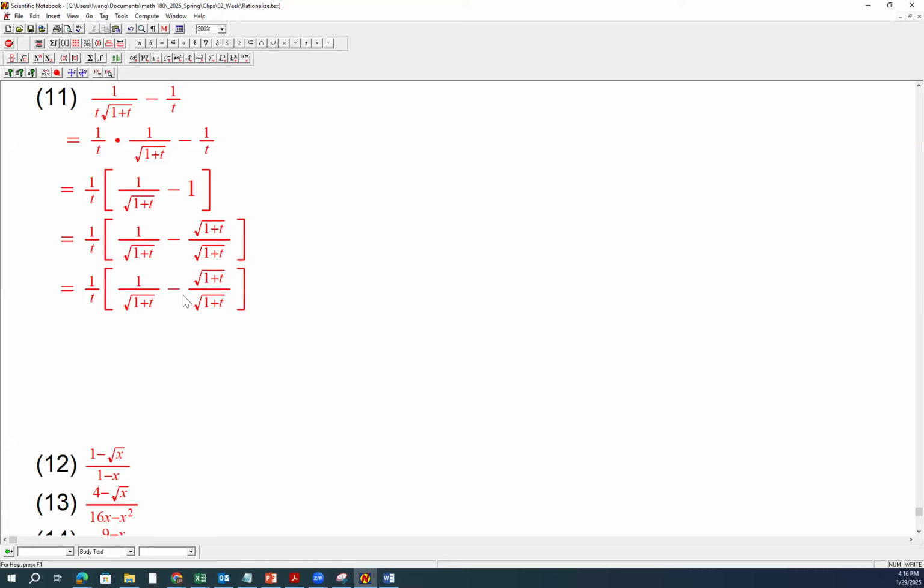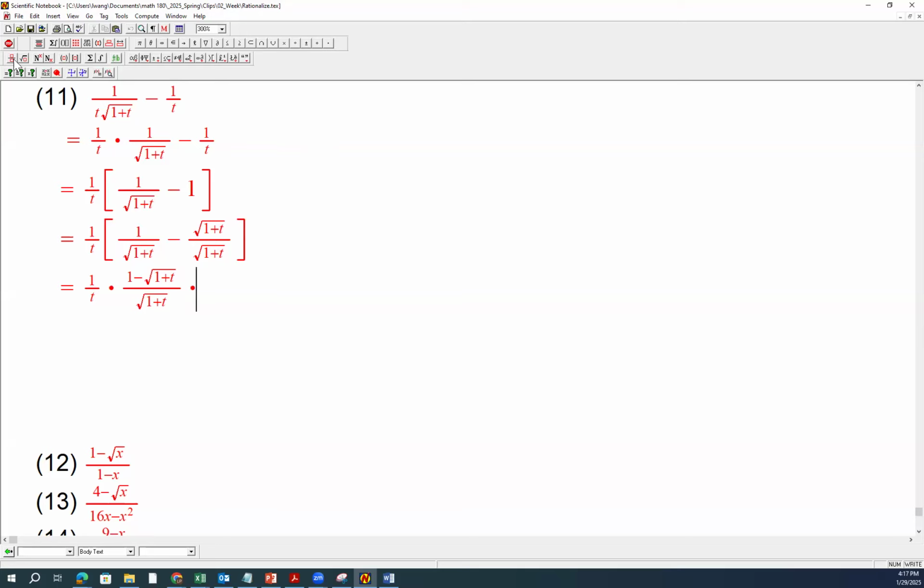So the operation inside the bracket will become 1 minus root 1 plus t. So now you can see as we try to reduce and make factor form, we finally got radicals in the numerator. This is the moment we're going to start to rationalize.